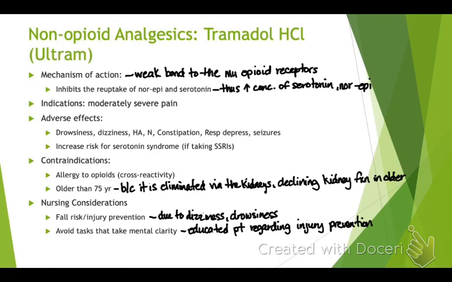Not recommended for use in patients that are 75 years or older, just because of the declining renal function that the older population has, because it is eliminated via the kidneys. So a patient's kidneys should be functioning properly in order to be given this medication.